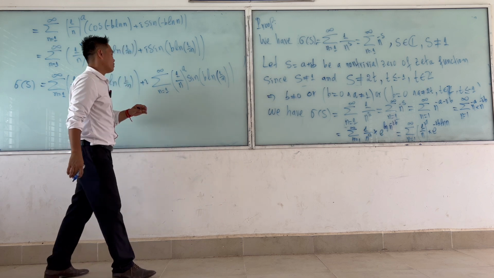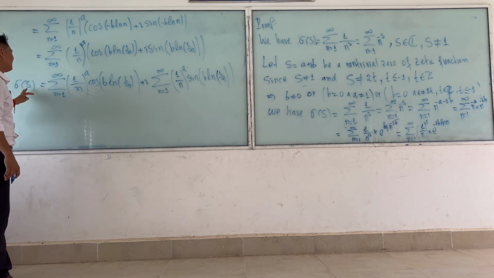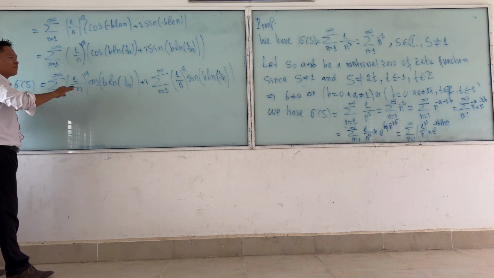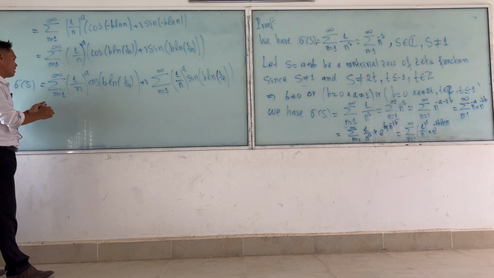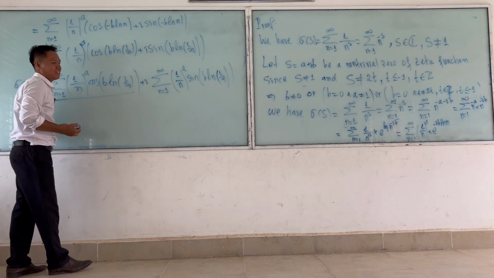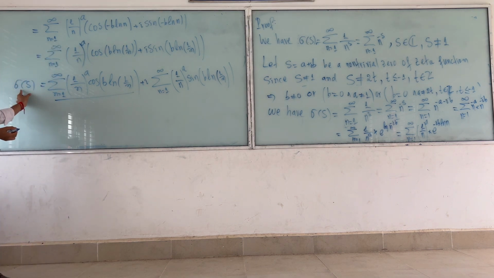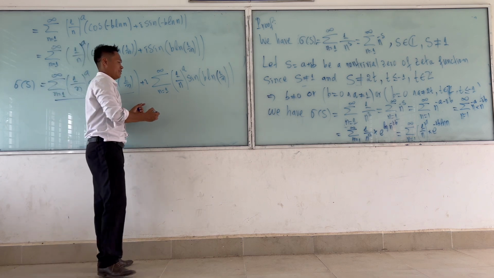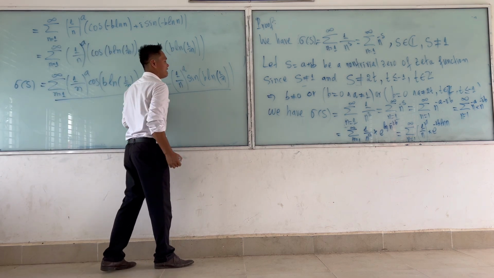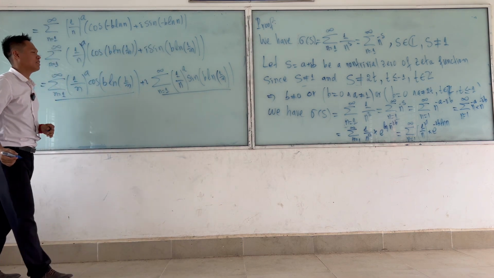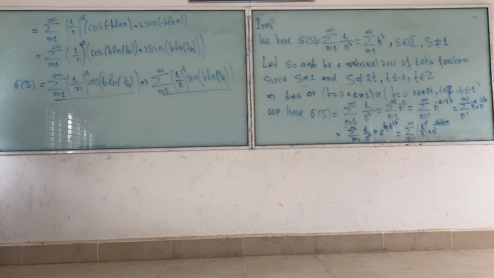Okay, so if you see like this, what can we get? Here is the real part of the zeta function with respect to s, and this is the imaginary part of the zeta function with respect to s also.